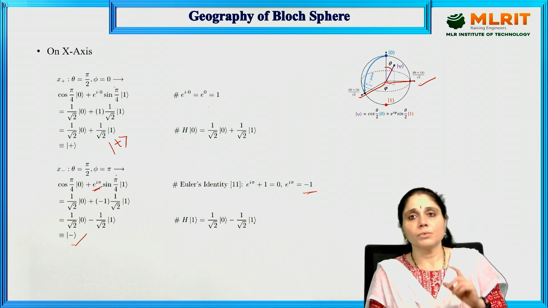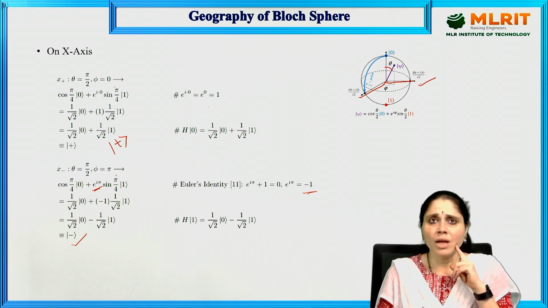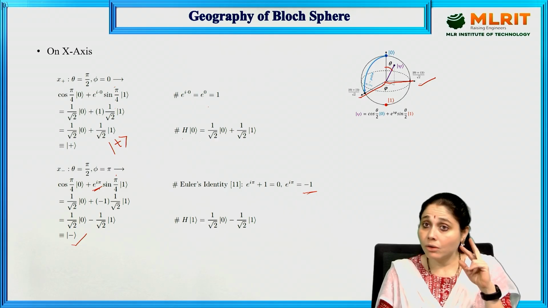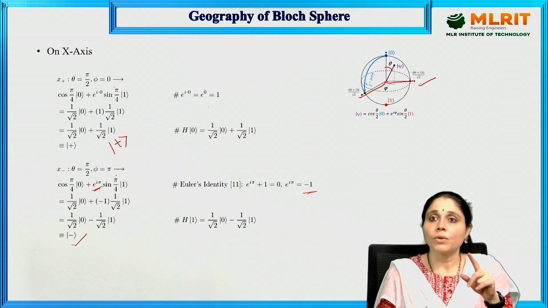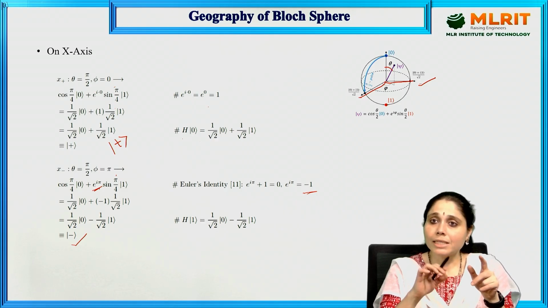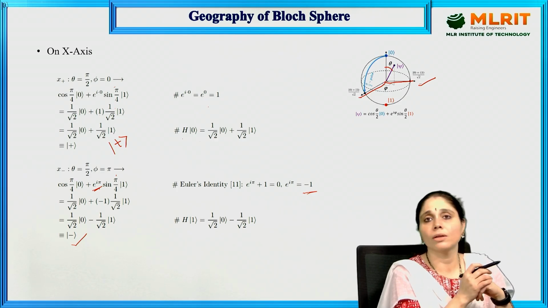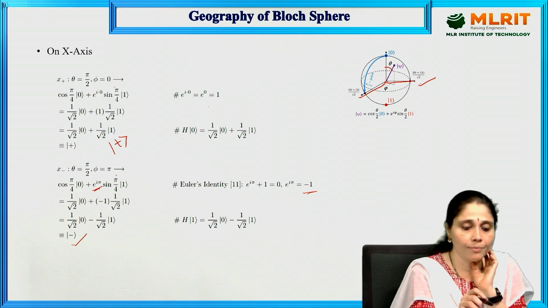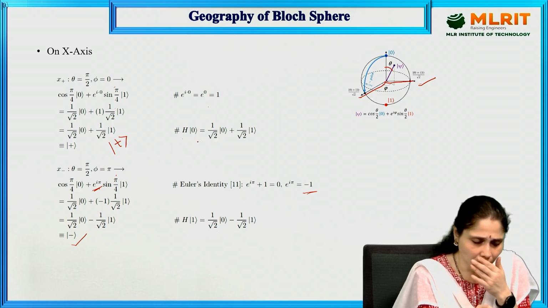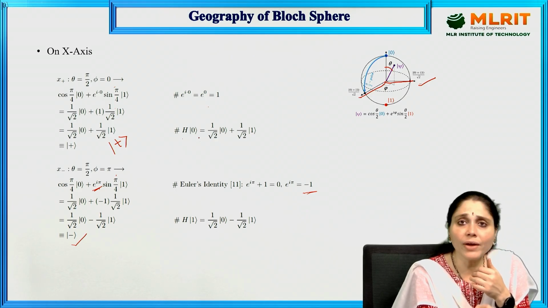So if you observe here one thing, on the x-axis we got the two results which give us both ket 0 and ket 1 at one place. So by observation, you can also have a look carefully. Here H of ket 0 is equal to 1 by root 2 ket 0 plus 1 by root 2 ket 1.